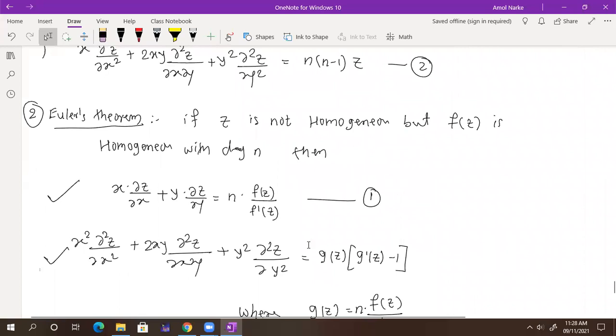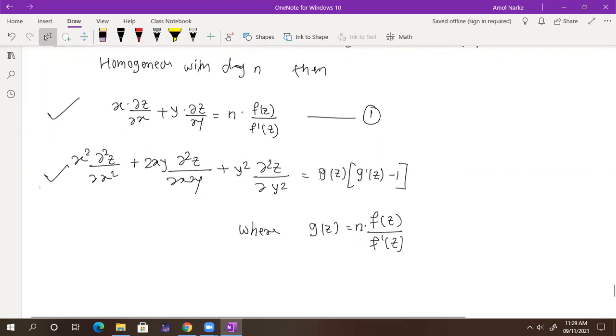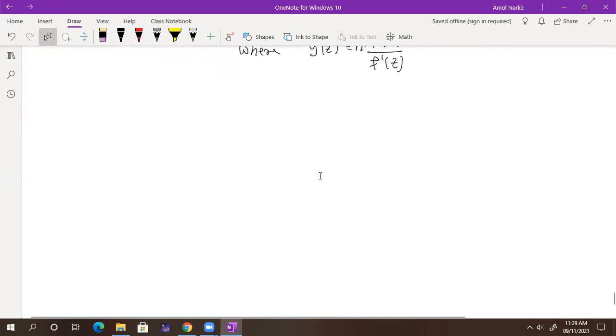That time the 2 remains. So n into f of z divided by f dash of z, and g of z is the value we have here, and you get g of z into g dash of z minus 2. Okay, so let's solve the examples.